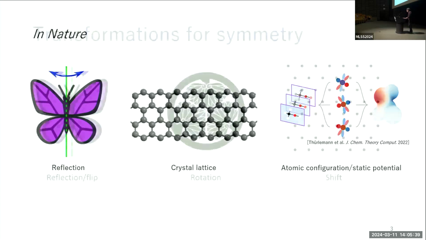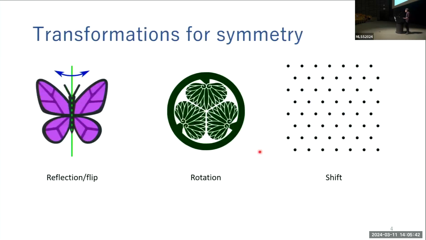In recognizing symmetry, we often imagine some transformations of the object. For example, in this butterfly example, you may see a flip in the horizontal direction, along the vertical axis, to recognize the symmetry of this object.